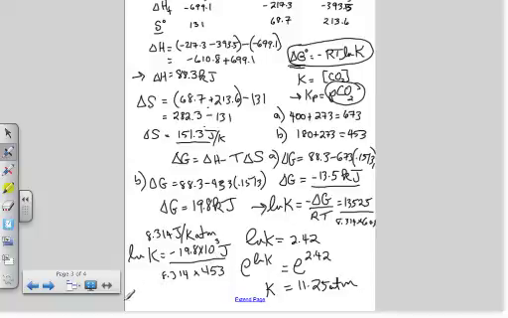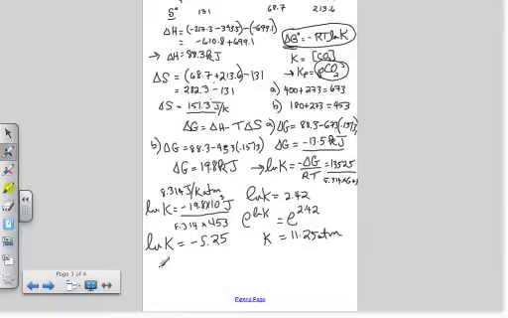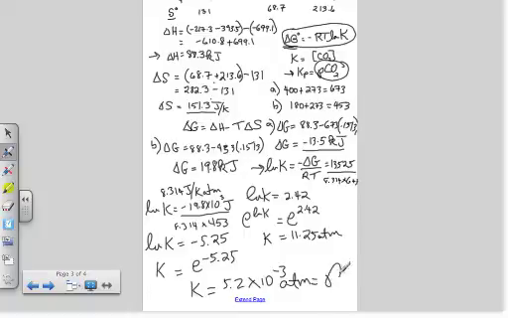Solving this ratio, I end up with ln of K equal to negative 5.25, and then K equals e to the negative 5.25, which is equal to the pressure of the carbon dioxide, 5.2 times 10 to the minus 3 atmospheres. And that is number 16 done again, which was a lot of math done at the very end of class.